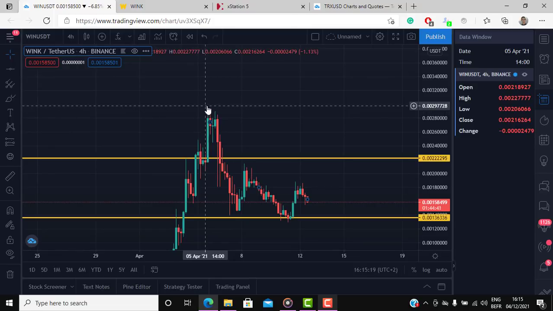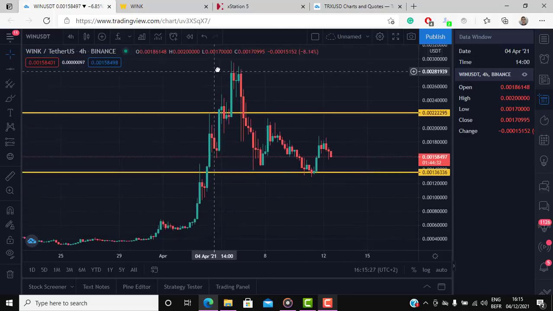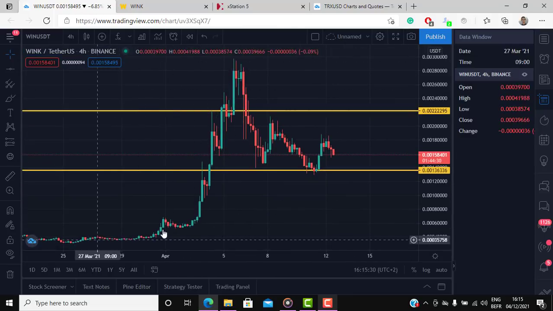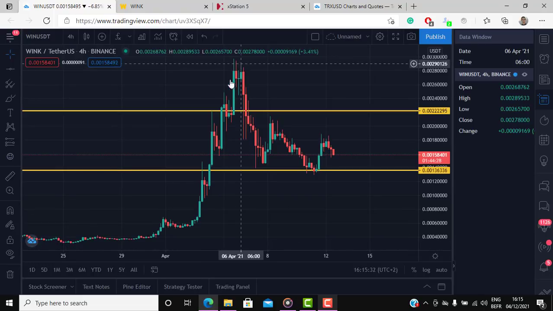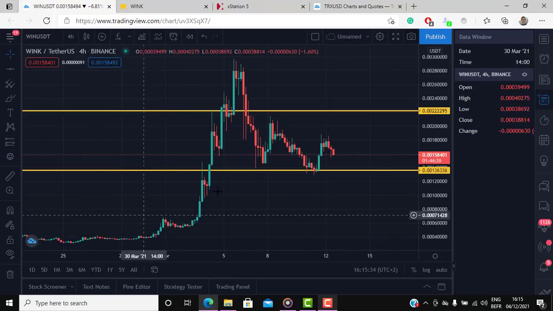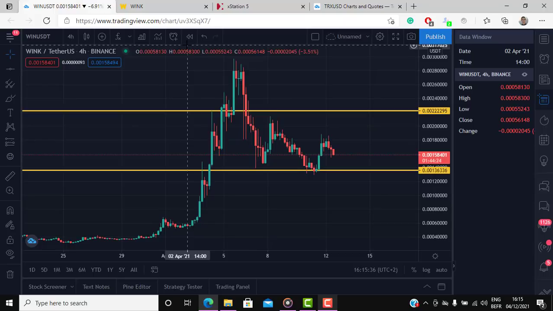So it is basically almost a 10 times move, let's say around an 8 times move. This means that this was a 700, 800% move to the upside. This is a very big move. If you've been able to capitalize on this move, you would be able to make a lot of profit.